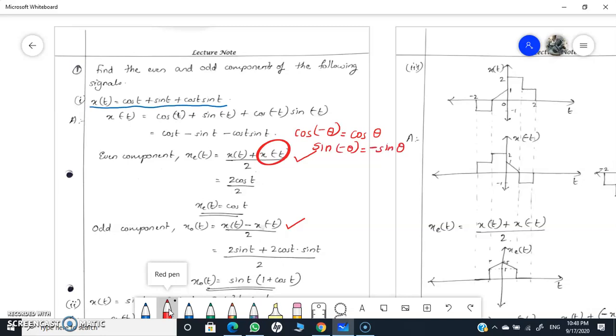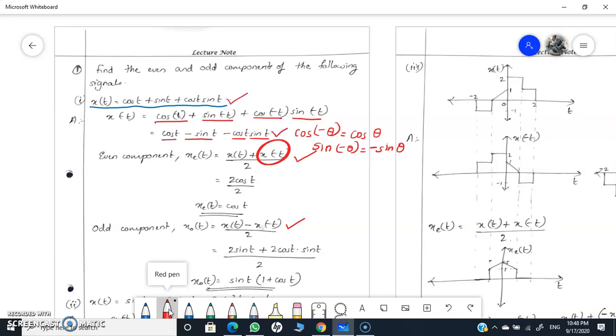So I can replace cos minus t with cos t and sin minus t with minus sin t. Here also cos minus t will be cos t itself and sin minus t will be minus sin t, so here you will get a negative sign. Now I am getting x of minus t.